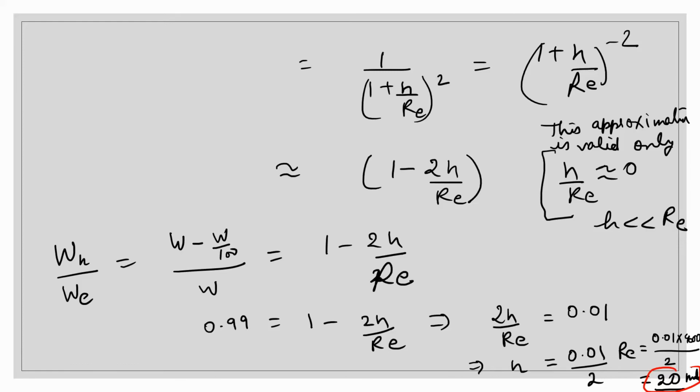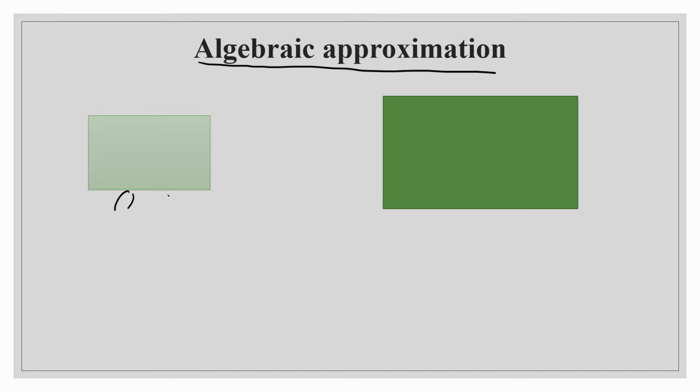Now we will look at what an algebraic approximation is. Algebraic approximations are similar to Taylor approximation, but we do not use a Taylor series. For example, I considered a plate, and it is given some heat. Due to the heat supply, there is some expansion.